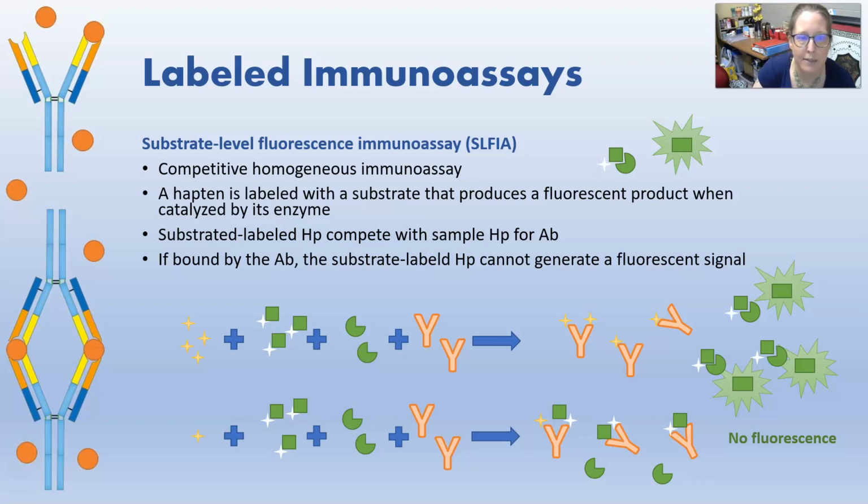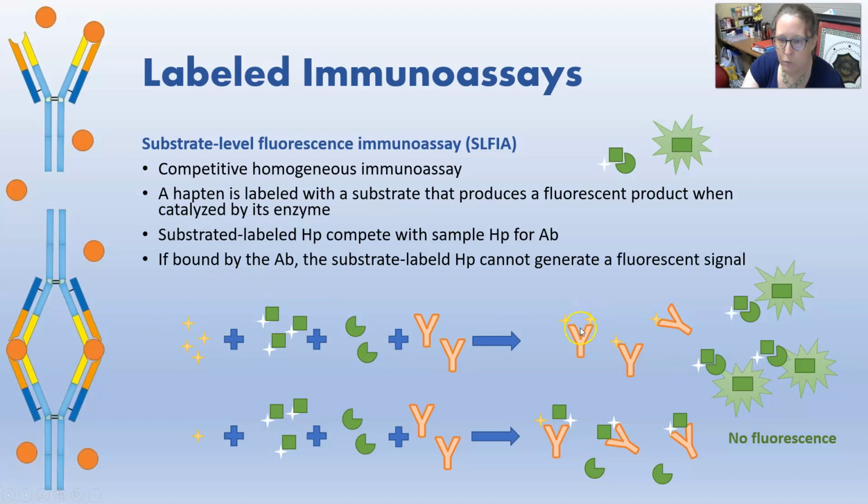The substrate-labeled hapten will compete with the sample hapten for the antibody. If it is bound by the antibody, the substrate-labeled hapten cannot generate a fluorescent signal. So if there is a lot of the hapten or drug in the sample, you incubate it with the labeled hapten, the enzyme, and the antibodies.